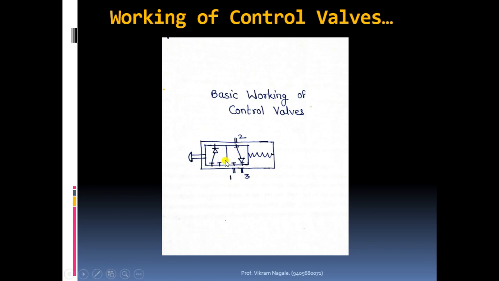Whenever this valve is spring return, there is no need to apply any force to get the initial condition. Only one thing is required: we have to release the applied force that we are using for actuating the valve.